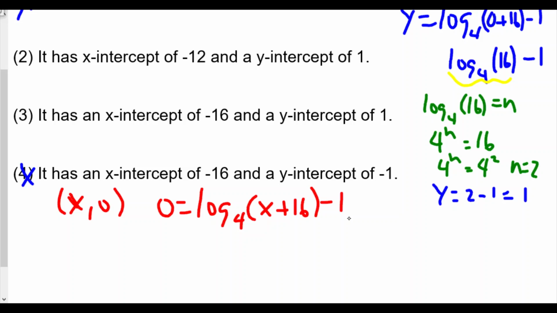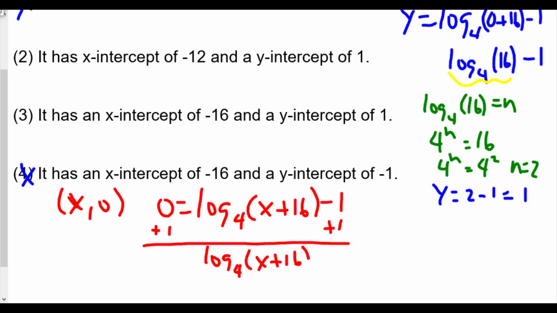And so to solve for this, we're going to add 1 to both sides. Log base 4 of x plus 16 is equal to 1. Again, we'll rewrite this log equation into an exponential equation. So that becomes 4 to the first is equal to x plus 16.